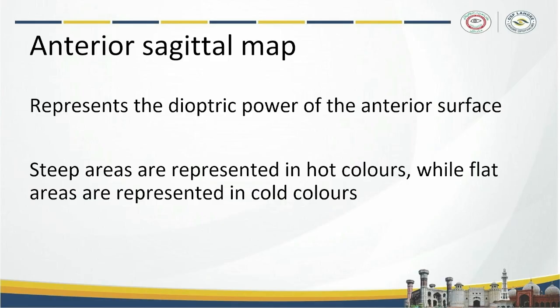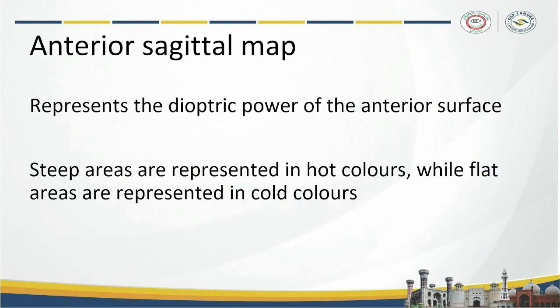In this presentation we'll discuss it in sequence. Firstly we'll discuss the anterior sagittal map. It represents the dioptric power of the cornea at various points. As I've already told, the steep areas are represented in hot colors, while flat areas are represented in cold colors.